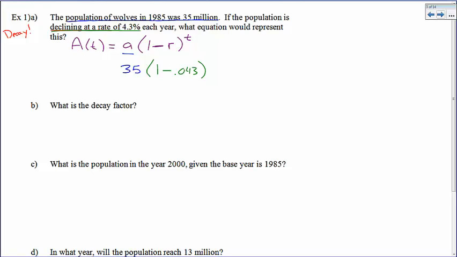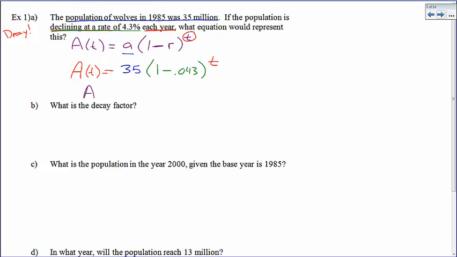Finally, to generalize this function for the situation, I leave t and A of t alone, as we are not being asked to solve for a value yet, but merely to model the situation. So here I'm going to bring down A of t on the left and bring down t as the exponent of the decay factor on the right.